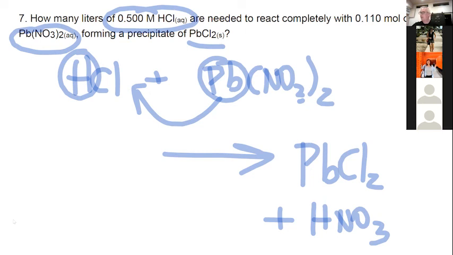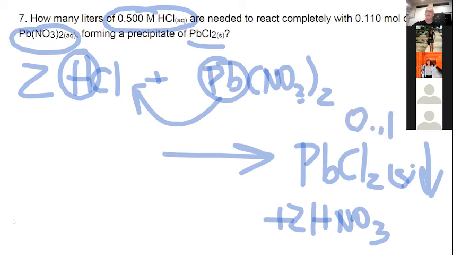To balance it, you need 2 moles of hydrochloric acid, and it makes 2 moles of nitric acid. And this is our product, our precipitate. So we have that many moles. It even helped you. I didn't even make you convert the moles. So I have that many moles of product.